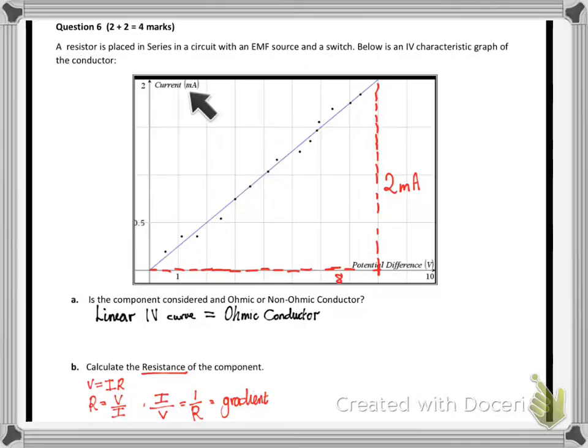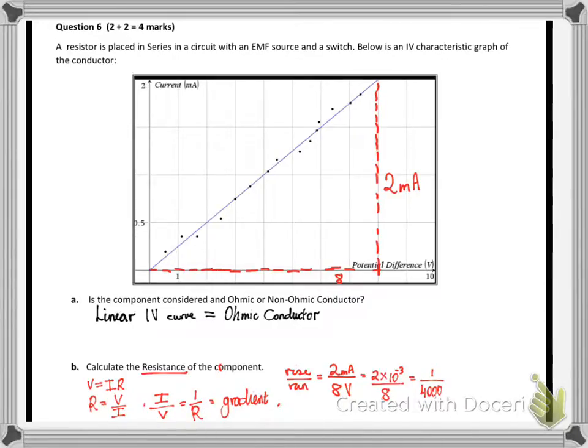So it's important to read the units measured in milliamps for current. So the rise over run, being the gradient, is 2 milliamps divided by 8 volts. Now 2 milliamps is 2 times 10 to the negative 3. Then we divide by 8, do that on a calculator, and we get 1 over 4,000. Now that being the result for the gradient, which is the same as 1 over resistance. So 1 over the resistance is 1 over 4,000.